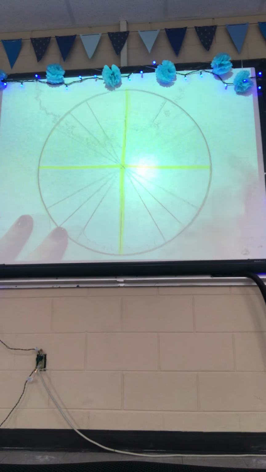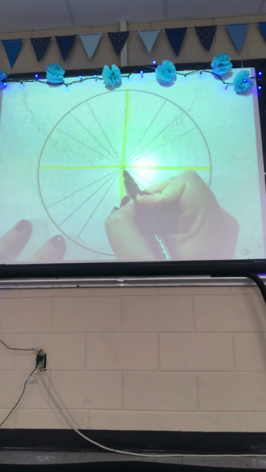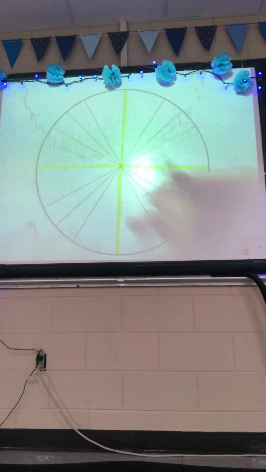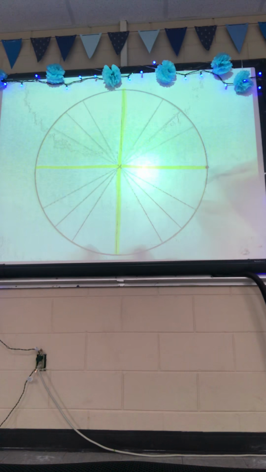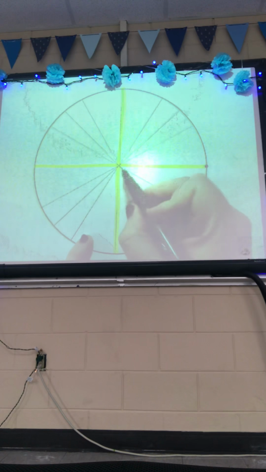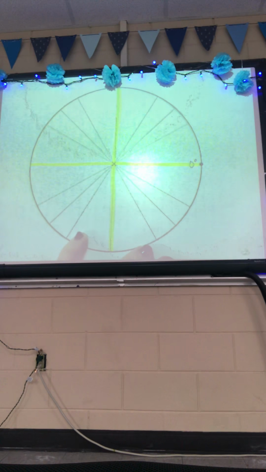Now, quadrant angles are going to lie on the axis. So this is the X and Y axis, okay? This is the origin right here in the middle. If this is the origin, this point right here, how many degrees is that? We talked about this yesterday. This was 0 degrees, and in radians, it's 0 radians.